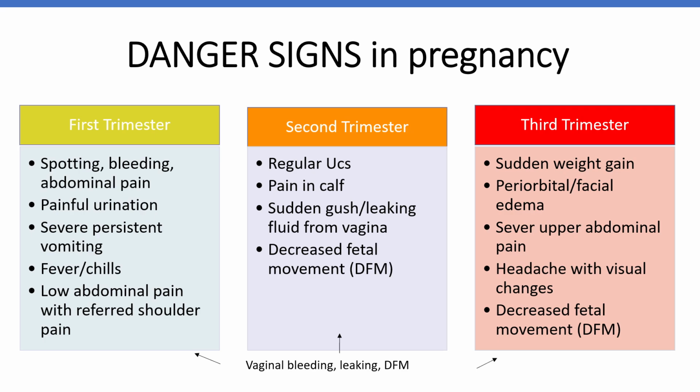Anything related to vaginal bleeding, any type of leakage of fluid, trauma, decreased fetal movement, if the baby's not moving, we definitely want to make sure she gets seen ASAP. We don't want to have a fetal demise, which means the baby passes away in utero.